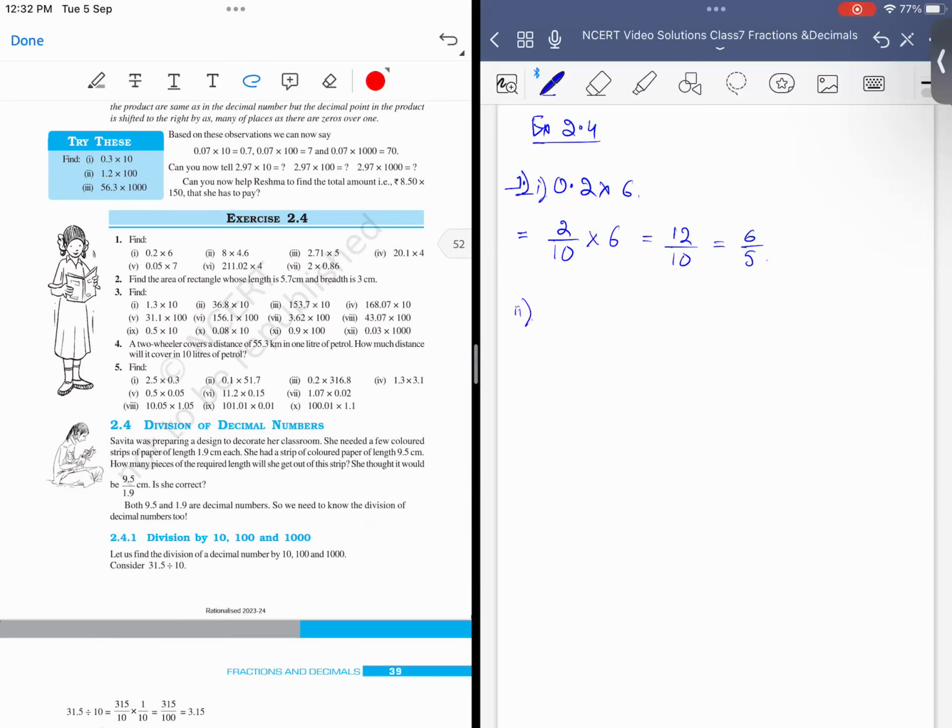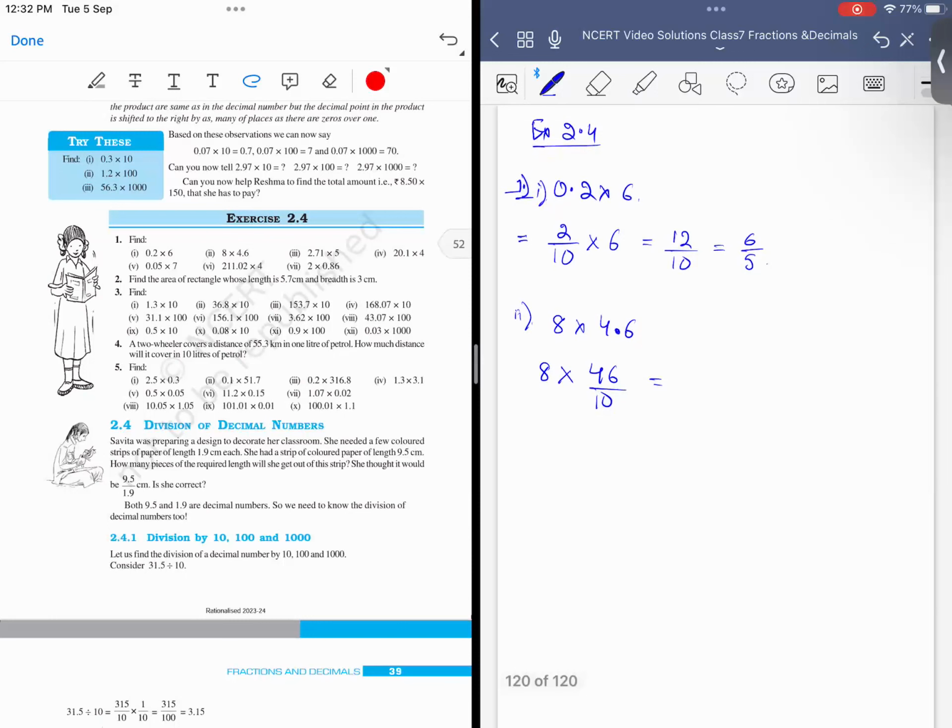Look at the second question. 8 into 4.6. Now this 4.6 can be written as what? 46 by 10. And then multiply it as we do the multiplication. Factor out the common factor of 2 and 5.